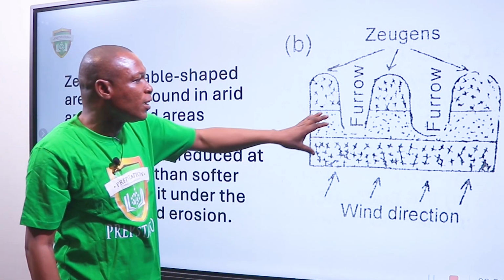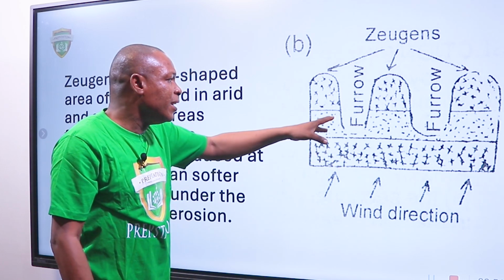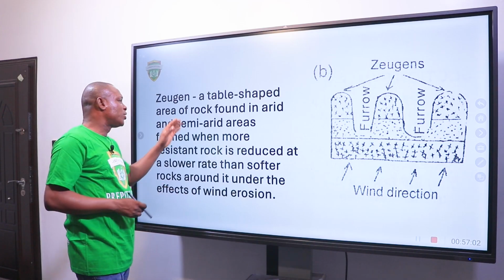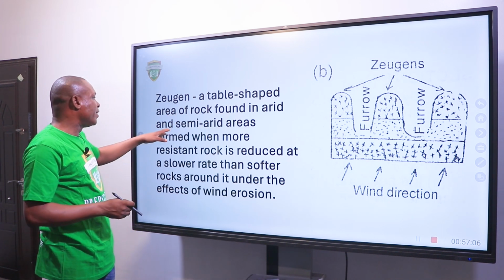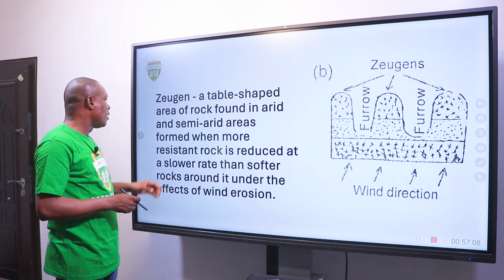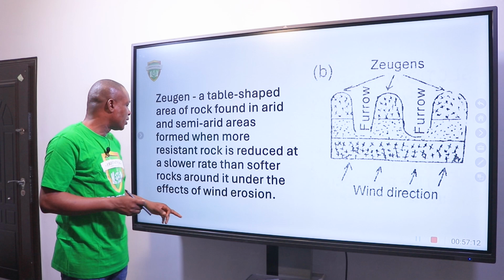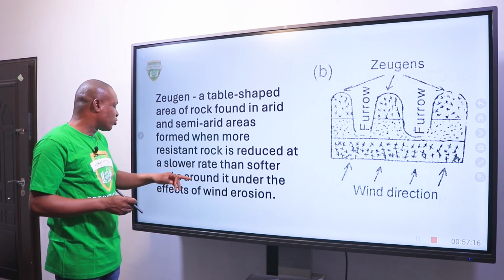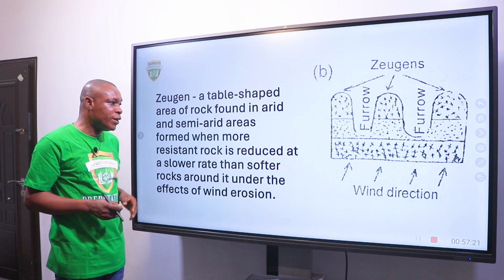And that soft rock, being loose, has been blown out by erosion, leaving the resistant part standing. So a zeugen is a table-shaped area of rock found in arid and semi-arid regions, formed when more resistant rock is reduced at a slower rate than softer rocks around it under the effect of wind.